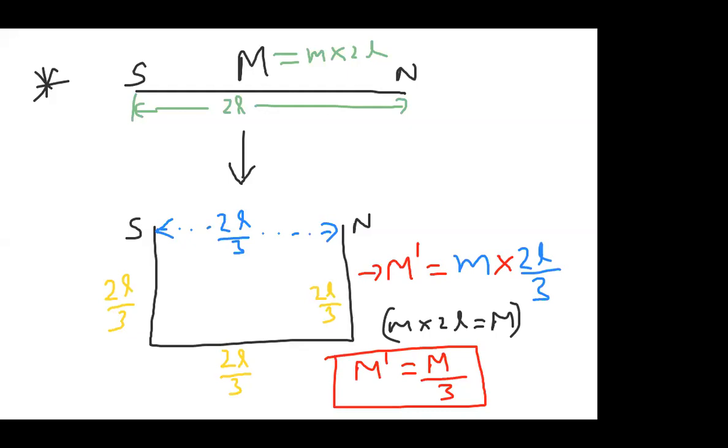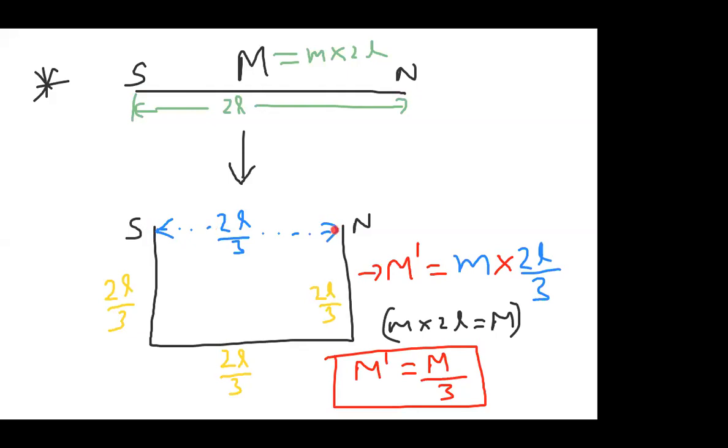Remember, magnetic length is a vector quantity. Whenever you take any vector quantity, it is always a straight line drawn from south pole to north pole. A vector quantity must be in a straight line only. So here also, this is south pole, this is north pole.